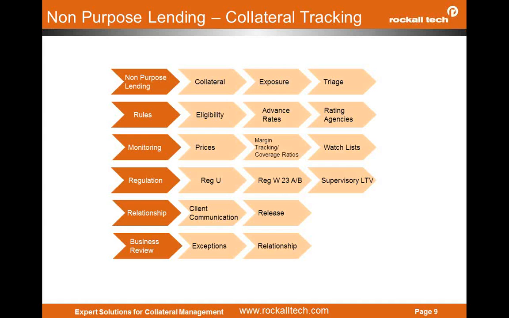I'll touch on triage a little later on in this slide, but it supports, first of all, the setting up of cases. You can set up your bank policy from an eligibility perspective, whereby you can define what is acceptable from an eligible securities perspective, because portfolios can contain eligible and ineligible securities from a non-purpose loan perspective.